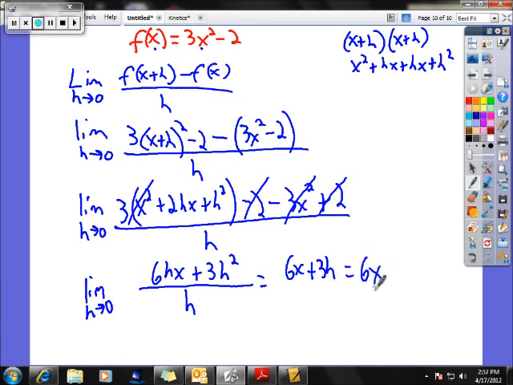So on this parabola, you can get the slope anywhere on there by multiplying the x value by 6. So what's the slope at 4? 24, right? What's the slope at -2? -12. So now we've done this parabola, and you never have to do this again. You have the slope for anywhere on there, okay?